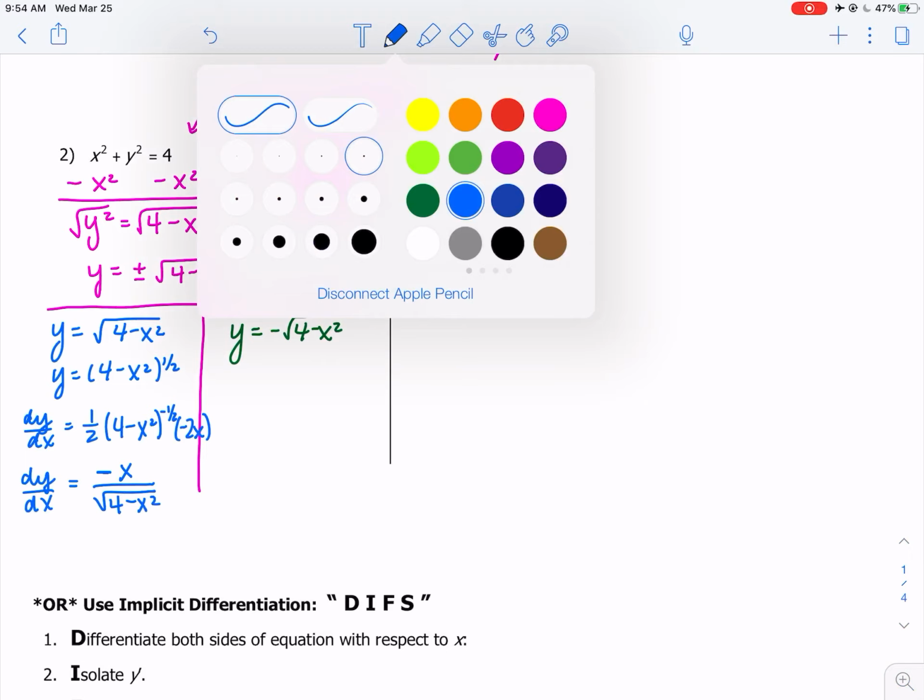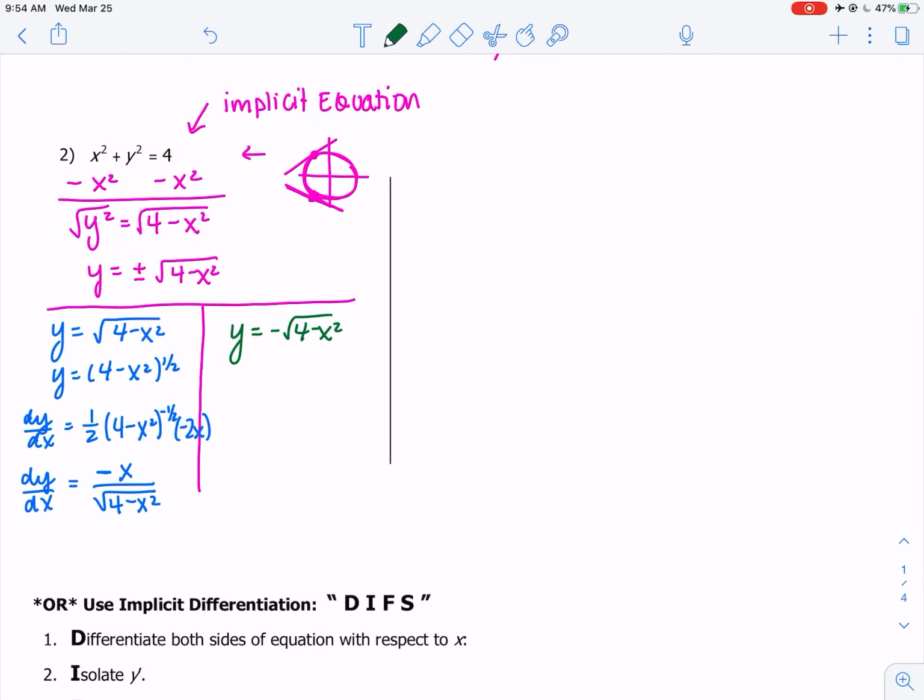Well, we can do exactly the same thing on the other side here. Rewrite this with a positive exponent, so 4 minus x squared to the 1/2. We can then solve for dy/dx. That is negative 1/2 times 4 minus x squared to the negative 1/2. Again, chain rule for the inside there, times negative 2. And then we can clean that up. dy/dx is equal to negative 1/2 times negative 2, which is a positive 1.